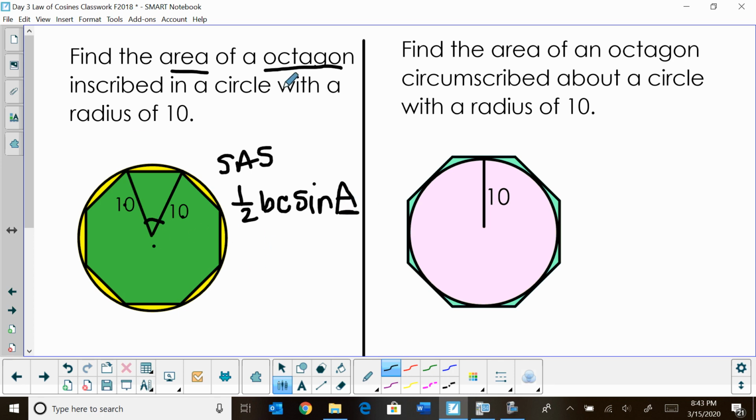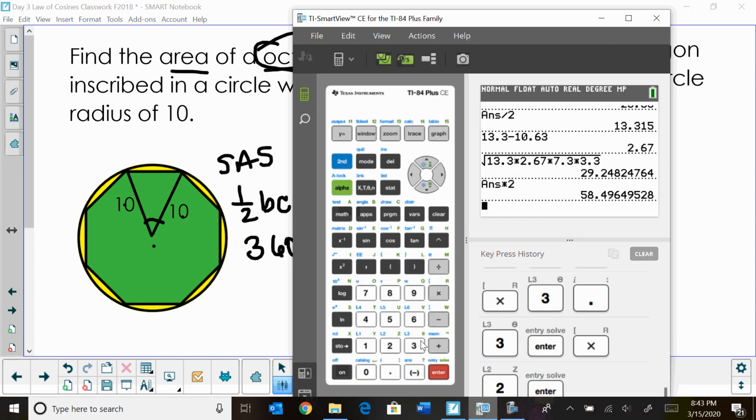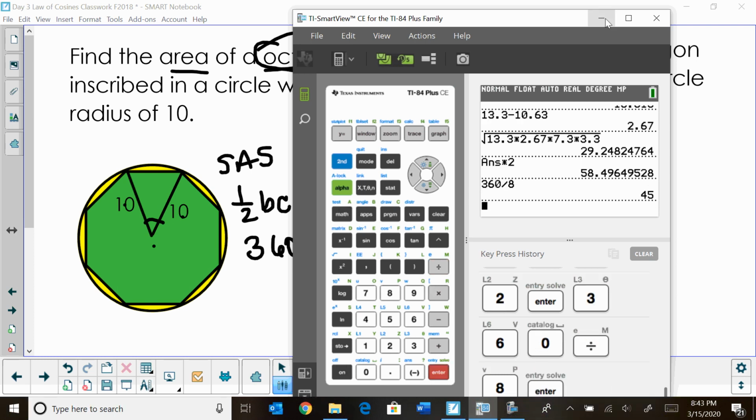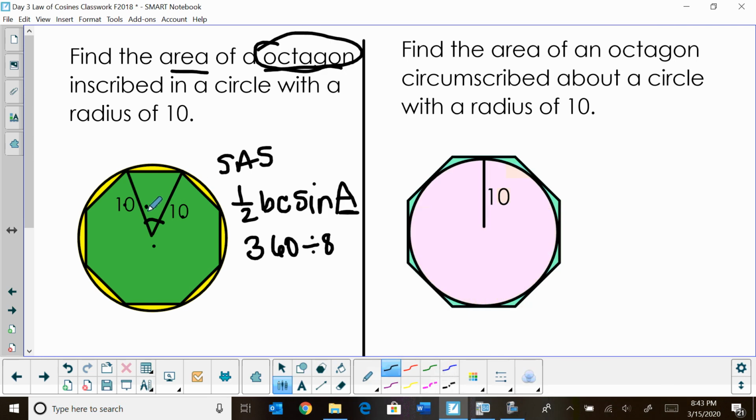Well, this is an octagon. So what are we going to divide 360 by to find the central angle? I hope you said 8. So 360 divided by 8, let's crank that out. 360 divided by 8 is 45. So we have a 45-degree angle as our central angle.